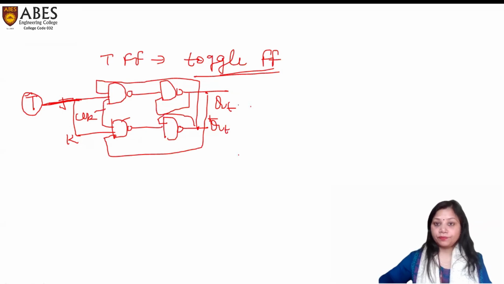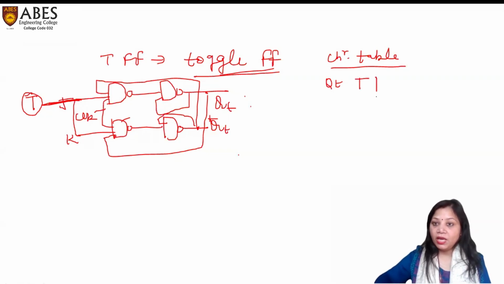Here we see the characteristic table of the T flip-flop. In the characteristic table, we have the previous value Qt. Input here is the single T, and output is Qt plus 1. Right?